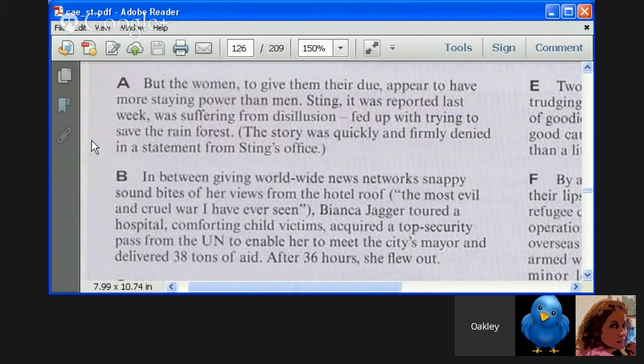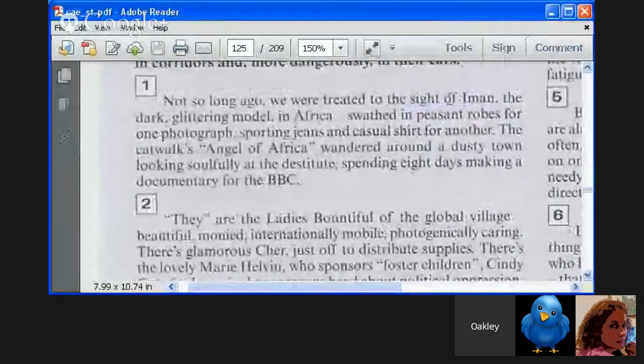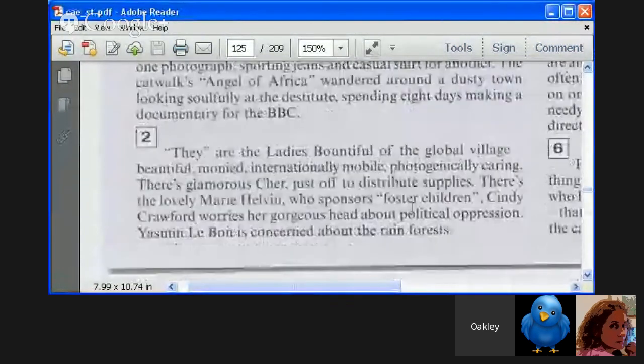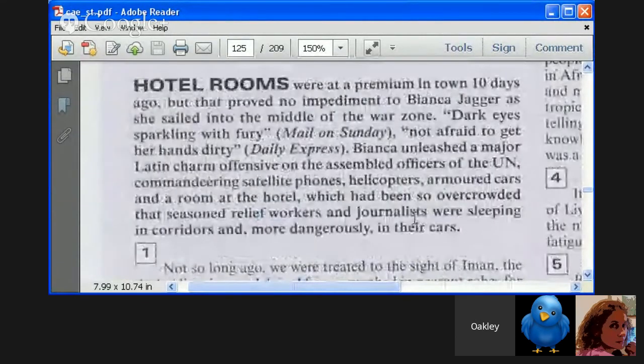Look, if you're lucky enough to get a writing passage that includes names or dates, when you skim down through the first part, you may want to do something like this. Okay, Bianca, underline it. Great. This time, Iman. Okay, underline it. Just so you can see the names really fast, or the dates.